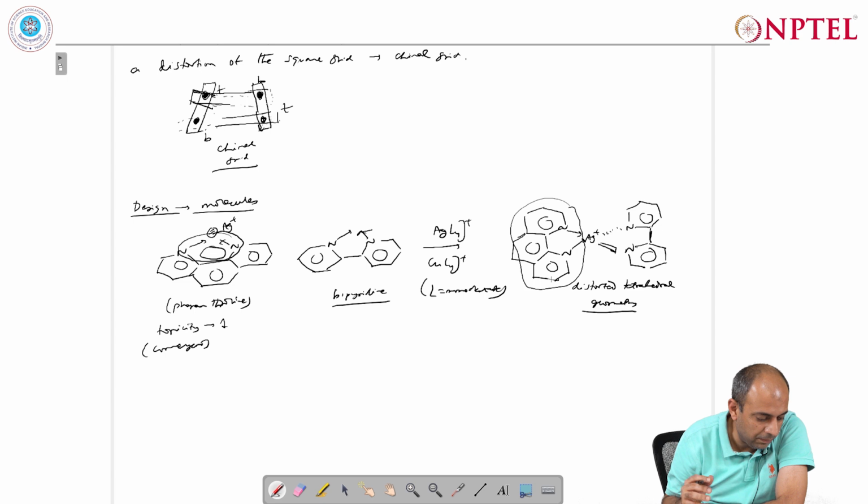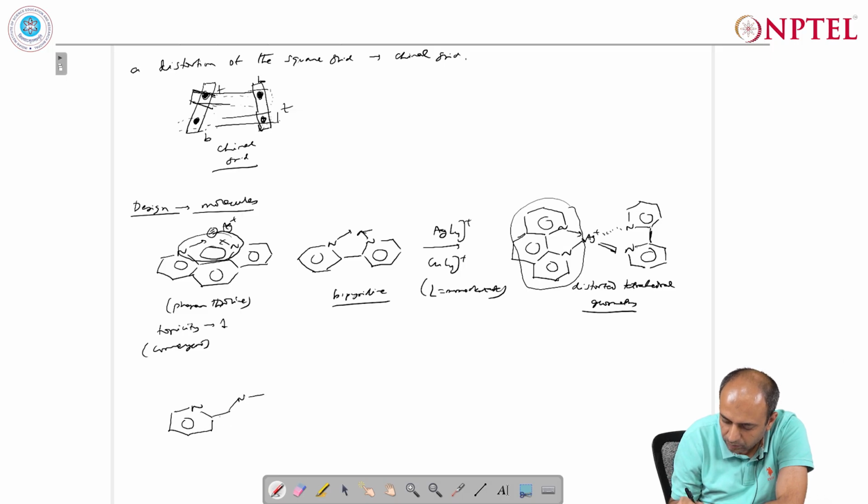And people have now extended this concept. You can also take a slightly different environment. Now let us consider, so we can have this and this.